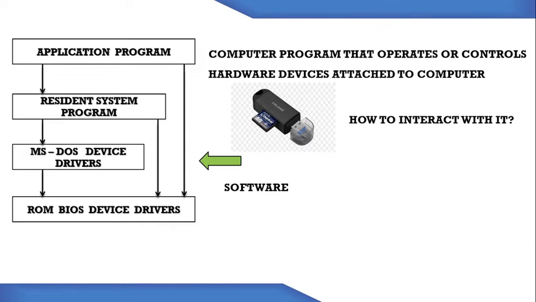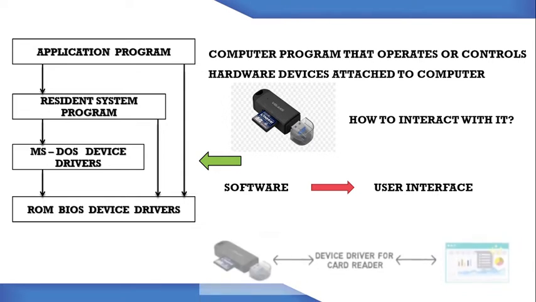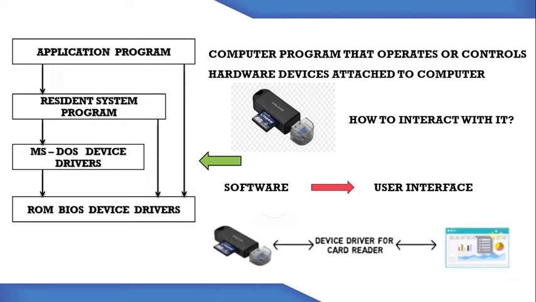We interact with software using a user interface, but we cannot do the same with hardware. The device driver provides a software interface to the hardware device. With this interface, the operating system and the user can interact with the hardware without any precise details about the hardware.